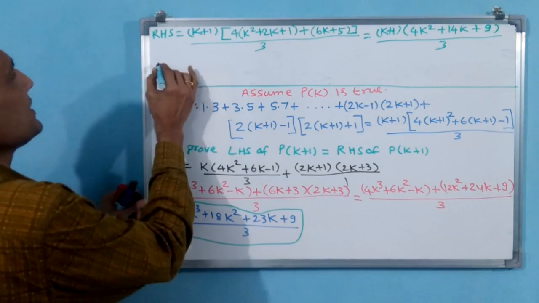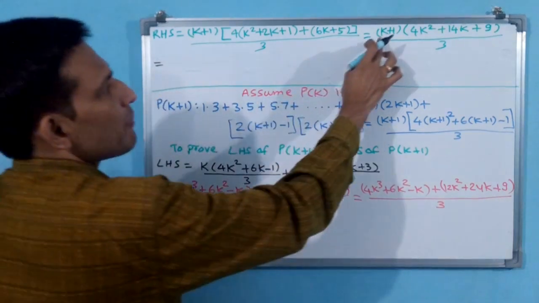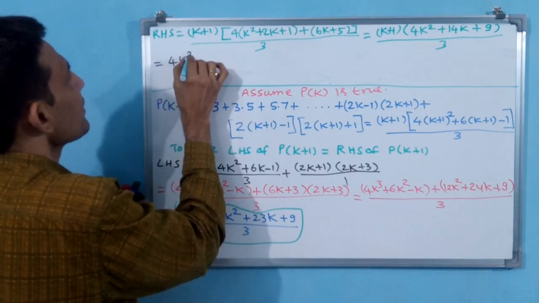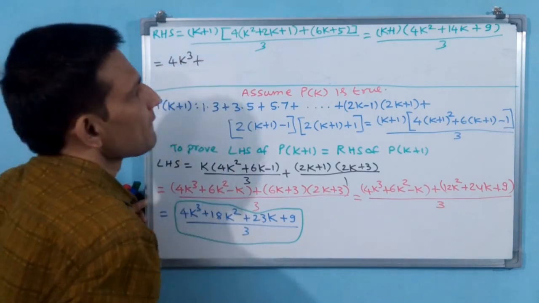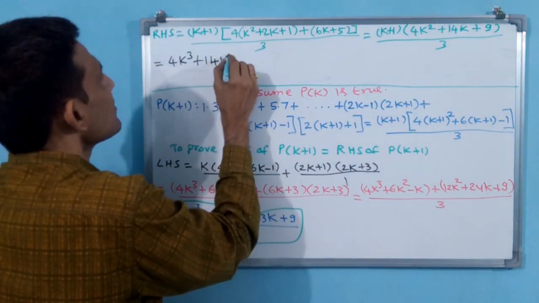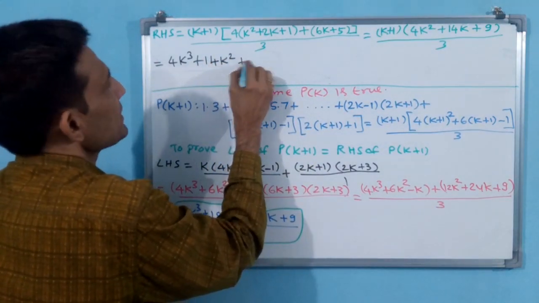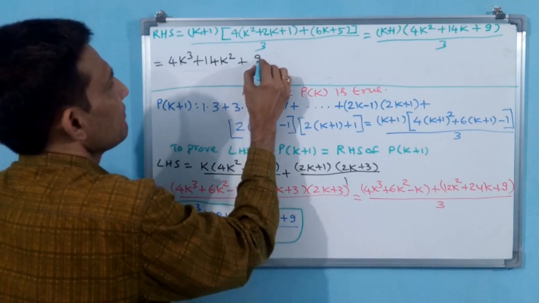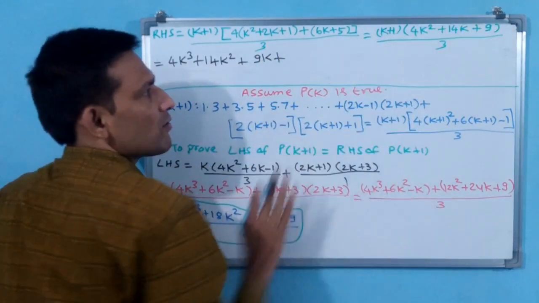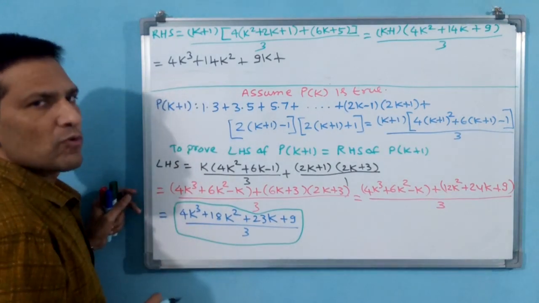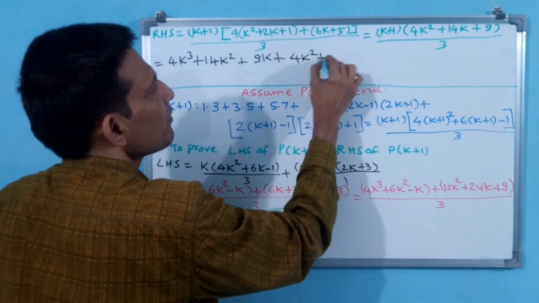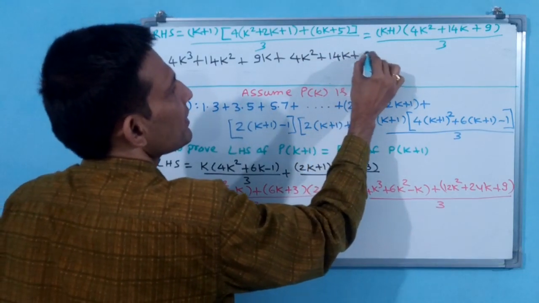Let us do it. If I multiply with k, 4k cube. Write down 4k cube plus 14k square. Plus 9k. Plus see, with k I have done already. With 1 we have to do. 1 means same thing. Once again you have to write 4k square plus 14k plus 9.